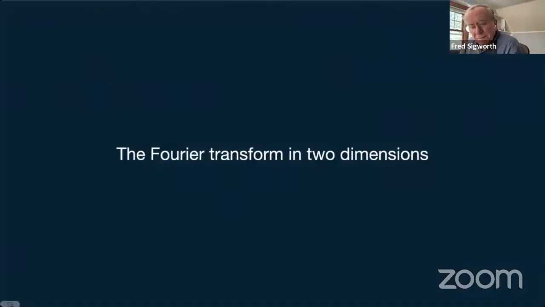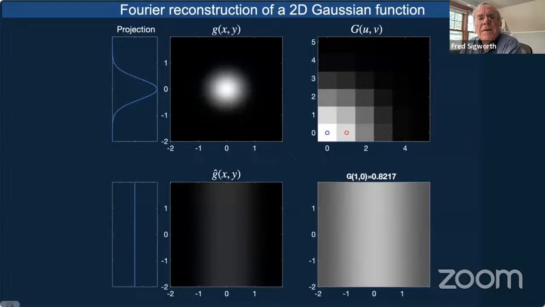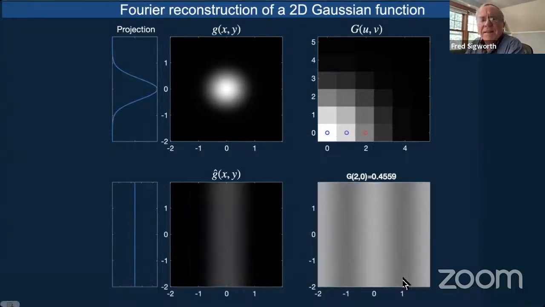Okay, so in 2 dimensions, which is where we use Fourier transforms in image processing, it's the same kind of idea. We have a function, and we can build up a duplicate of it by using coefficients, which I'm displaying here as grayscale, and gratings.